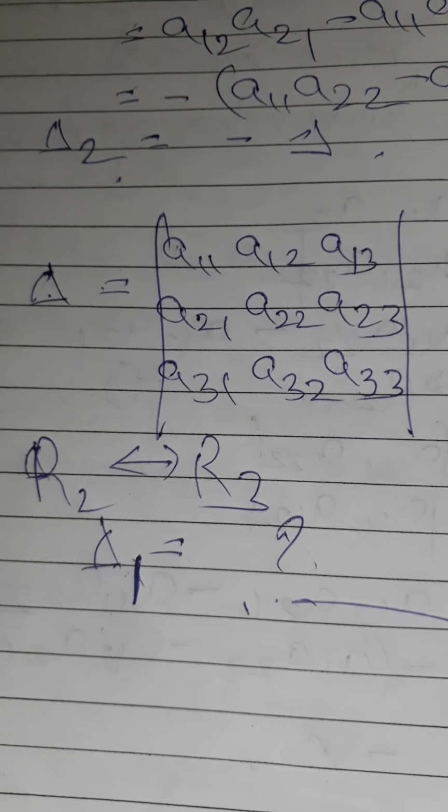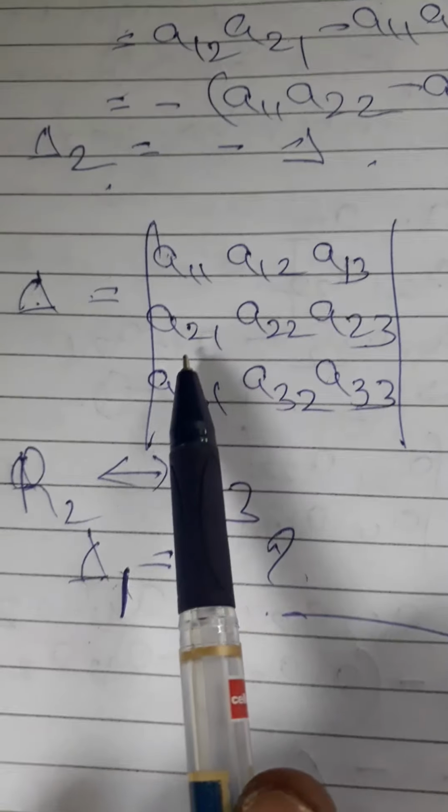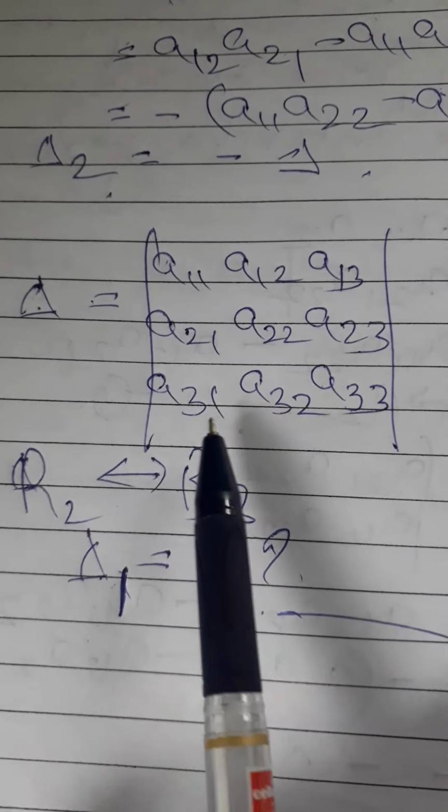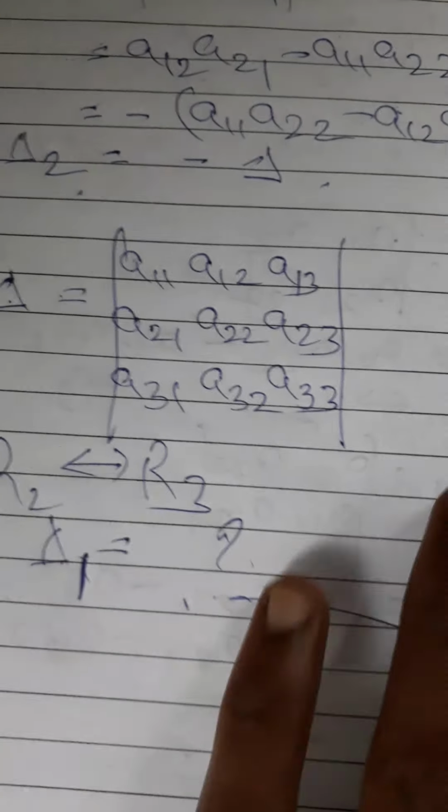So let me consider delta to be a11, a12, a13, a21, a22, a23, a31, a32, a33. Now when you expand it, what is the determinant that you are going to get?